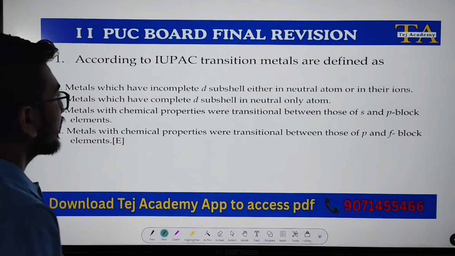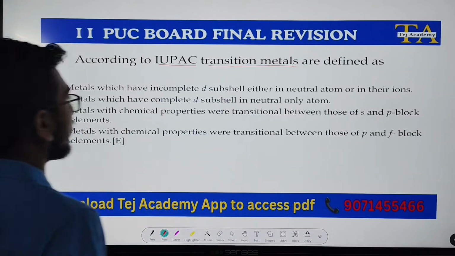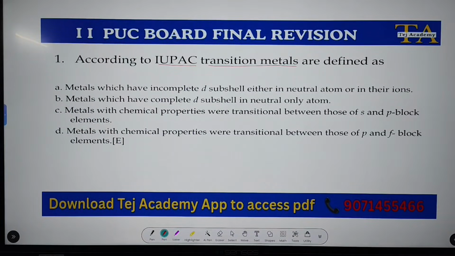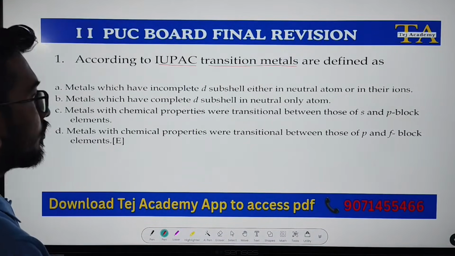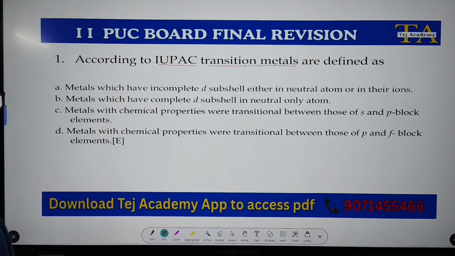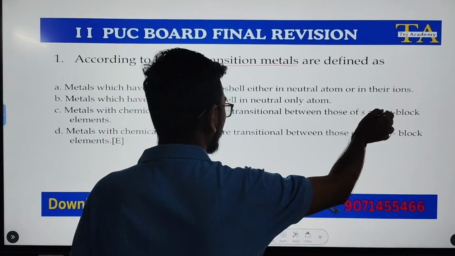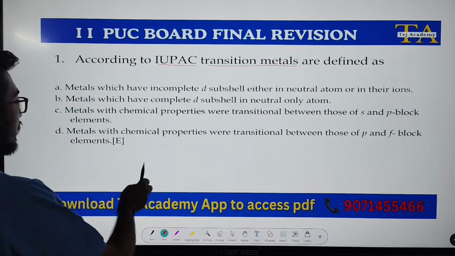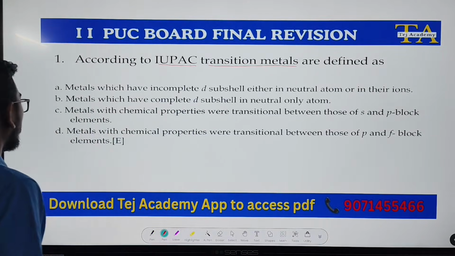First question is, according to IUPAC, transition metals are defined as. So this question we are going to observe in NCERT first topic. Options: metals which have incomplete d subshells either in neutral atom or in their ions; metals which have complete d subshells in neutral atom only; metals with chemical properties transitional between those of s and p block elements; metals with chemical properties transitional between p and f block elements.